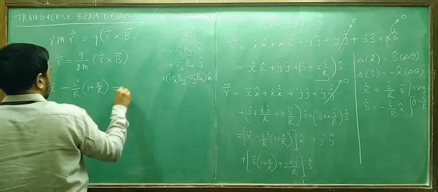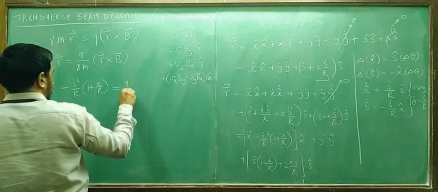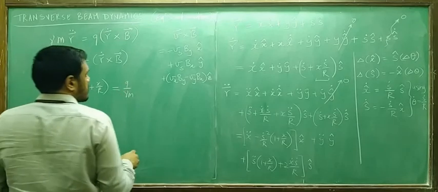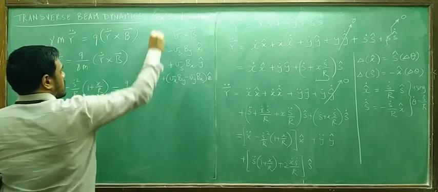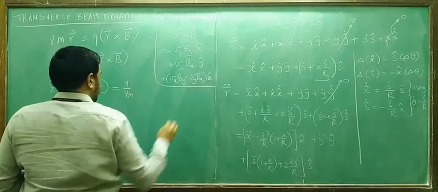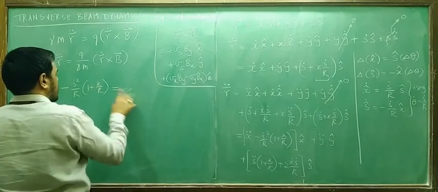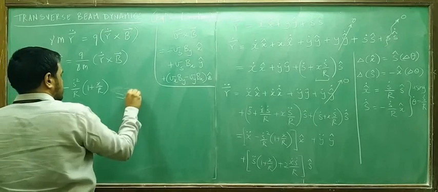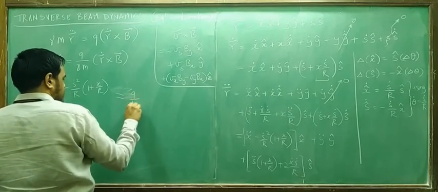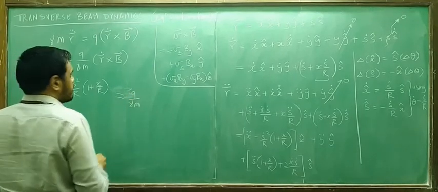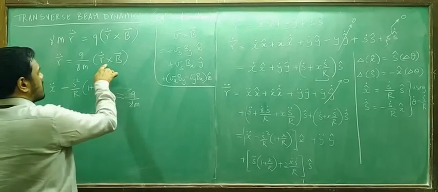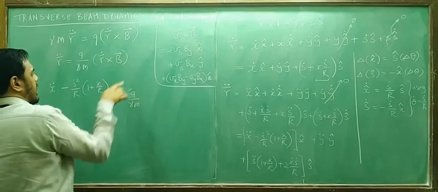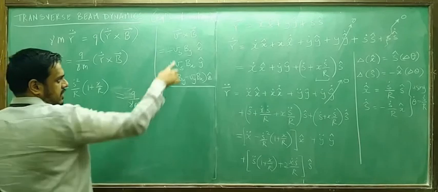is equal to q by gamma m. Please excuse the space constraint. r dot cross B, that is the x component of V cross B, is what we are trying to get.